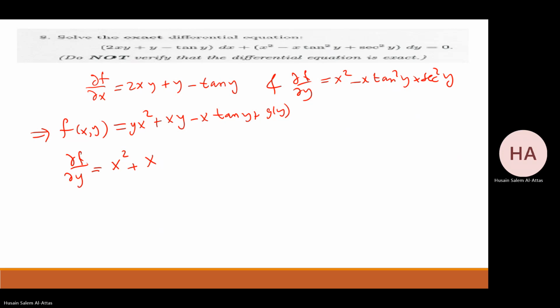Is it? Minus tan y plus g prime of y. There is something wrong somewhere. Partial f with partial x is this. Integrate. We have yx squared plus xy minus x tan y plus function of y. Then partial with respect to y will be x minus tan y plus g prime of y.